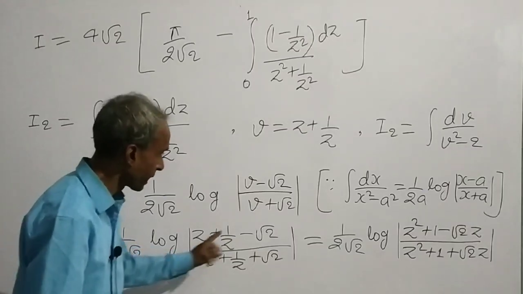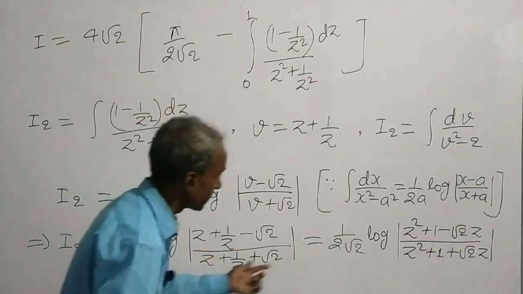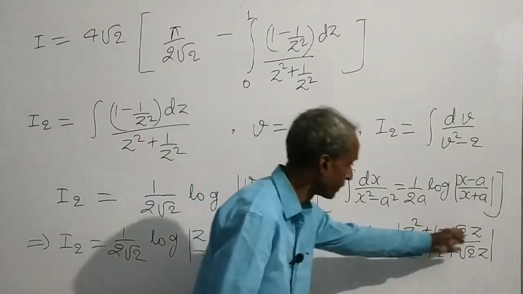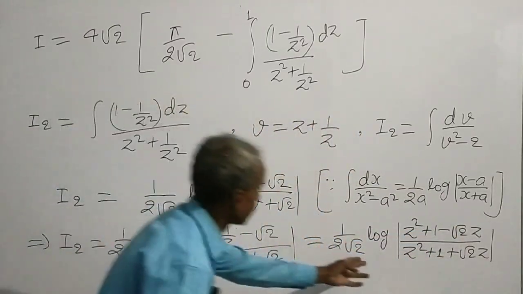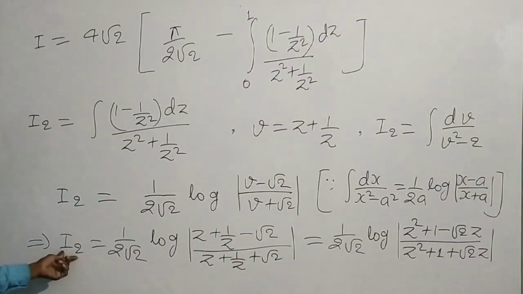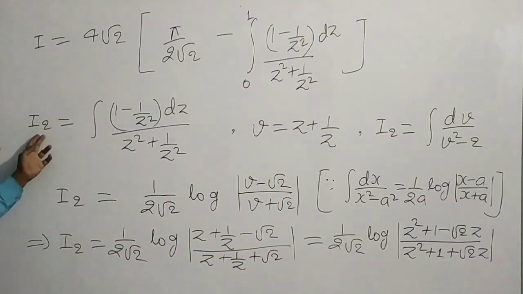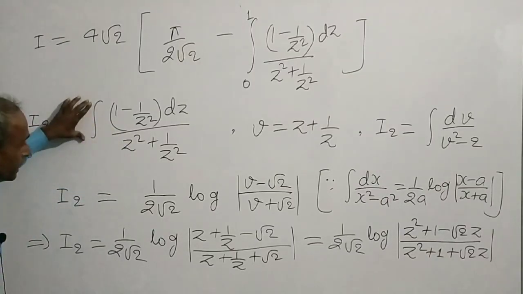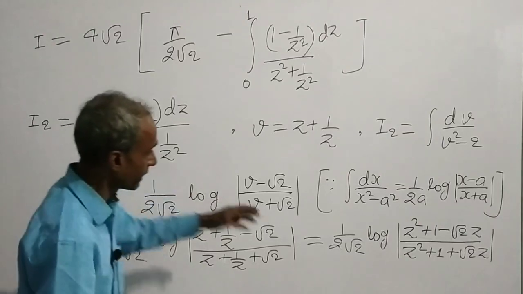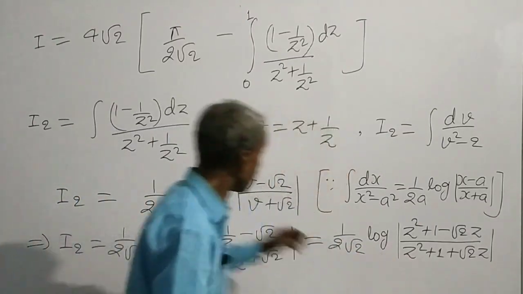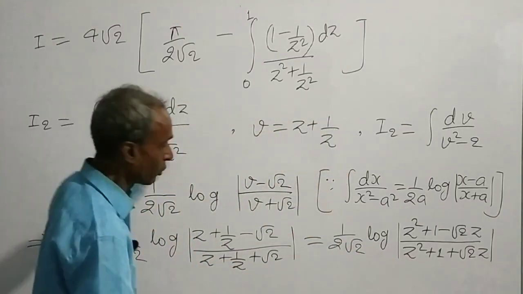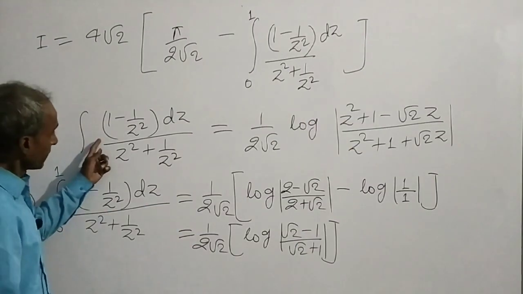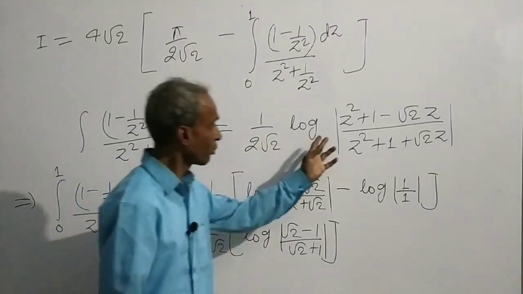After simplification, we get this is equal to 1 by 2 root 2 log this. This is I2. But I2 is this integral. That means value of this integral is equal to this. This indefinite integral is equal to this.